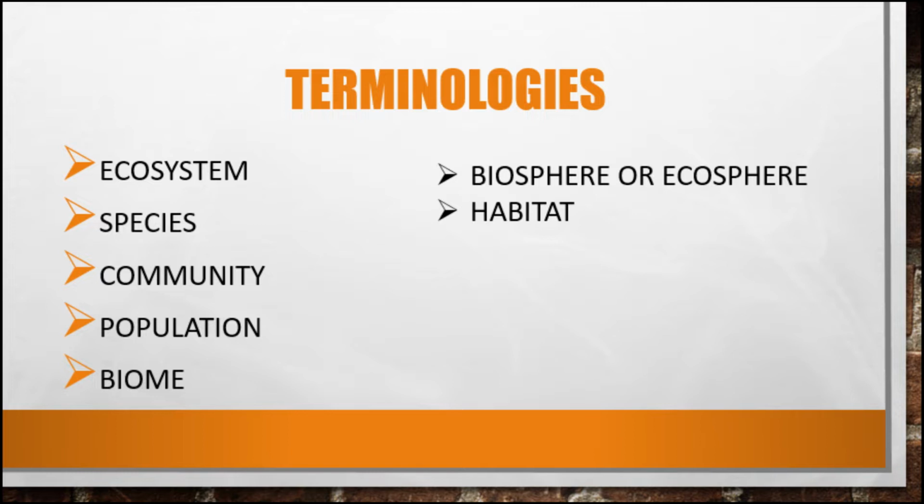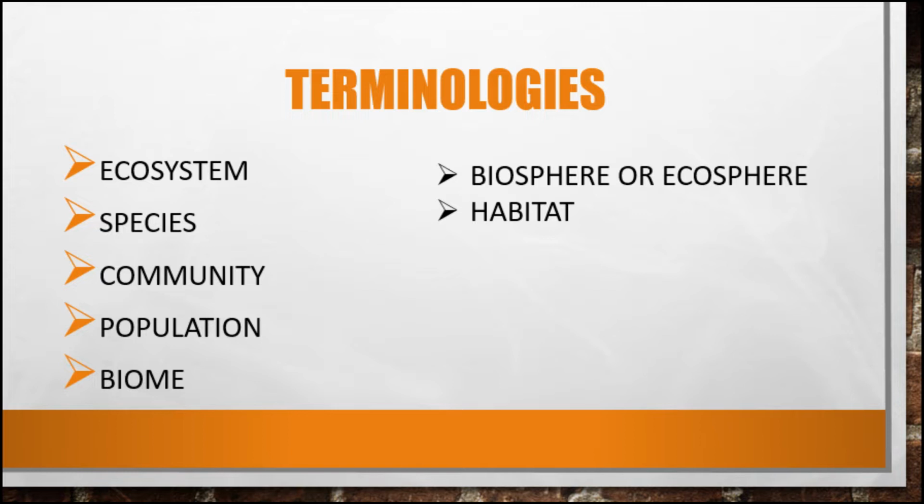Let's start with the first one, that's ecosystem. An ecosystem is a stable natural unit in which living organisms interact with the physical or abiotic factors of the environment. So it's still talking about the interaction.